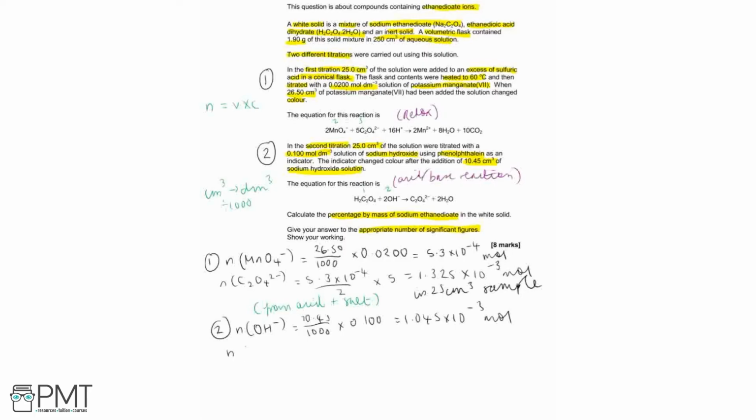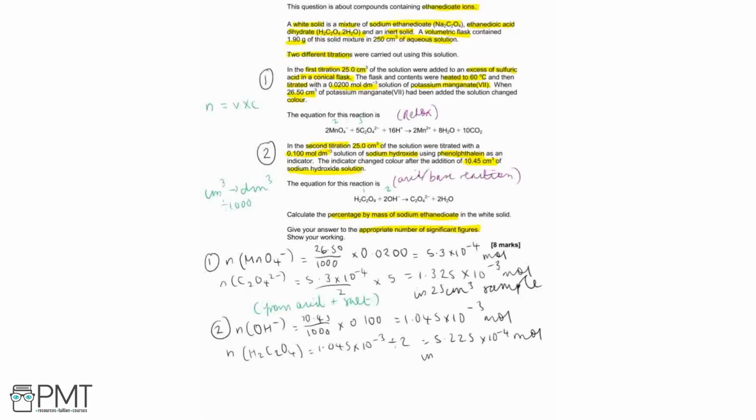So the moles, therefore, of our ethanedioic acid is going to be our answer divided by 2, which equals 5.225 times 10 to the minus 4 moles.